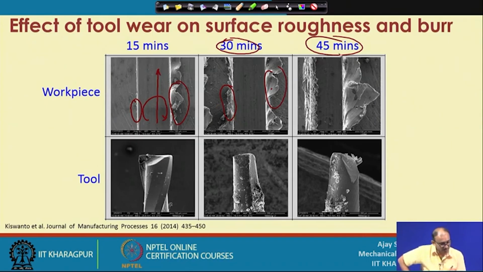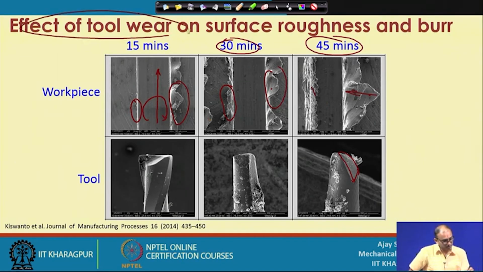If you further increase the use of that particular cutting tool, then you can see that there is a large amount of wear of the cutting tool, and the size of the burrs is also very large in both cases. So, now you can see that by tool wear you are getting worse and worse condition of the workpiece material.